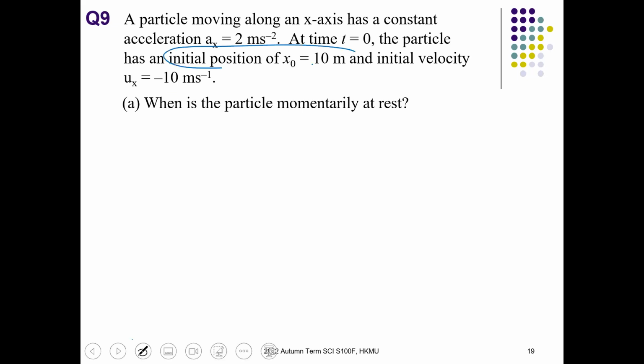Keep in mind that we have a little bit of a tricky assumption in the initial position. In general, very often we consider the reference point to be 0. But now the initial position is 10 meters.